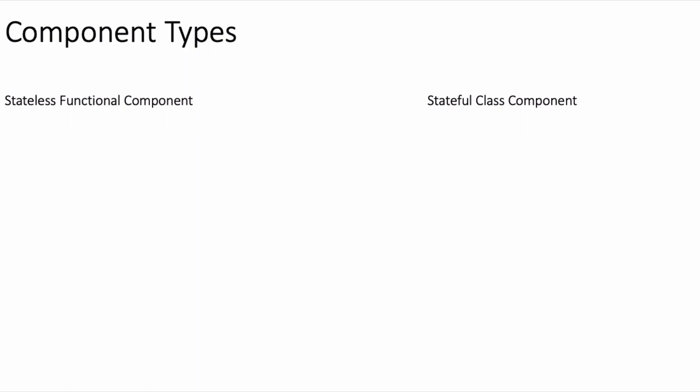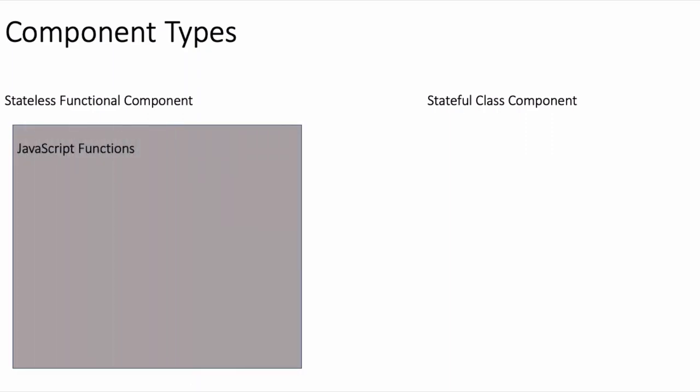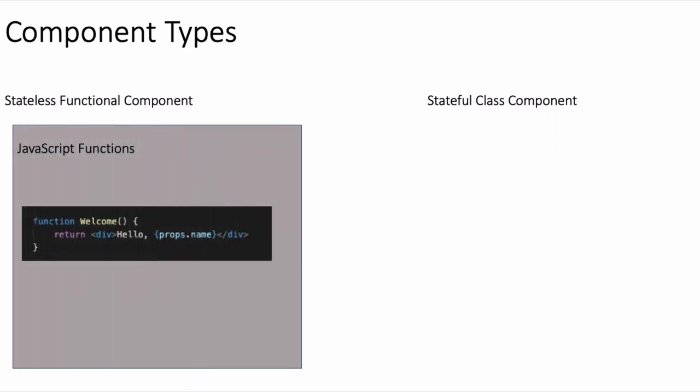Now, a functional component is literally a JavaScript function that returns HTML, which describes the user interface. This is an example. We have here a function called welcome. This returns a div, hello Samuel. But inside here we have props.name. Let it not confuse you at this moment, but later we're going to discuss what this is.